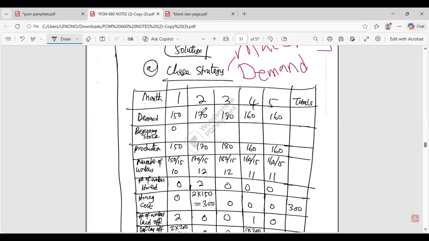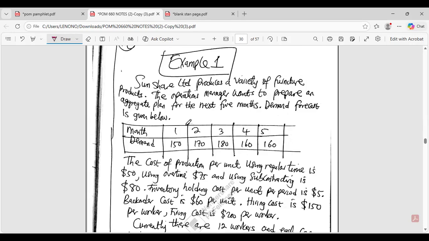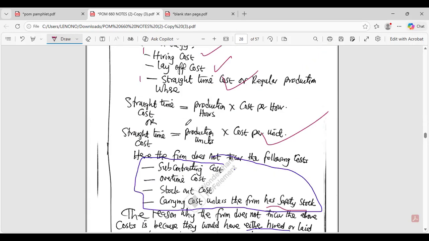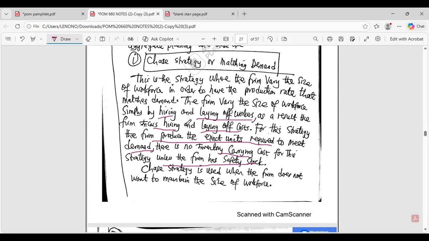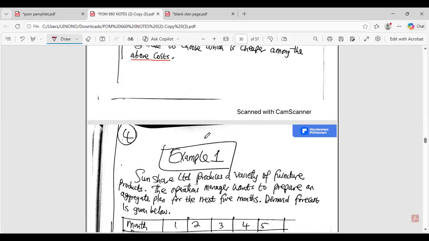Beginning inventory is 0. So what's our production? Produce to meet demand. What does chase represent? Chase is the strategy where the firm varies the size of the workforce, so the production rate matches demand.